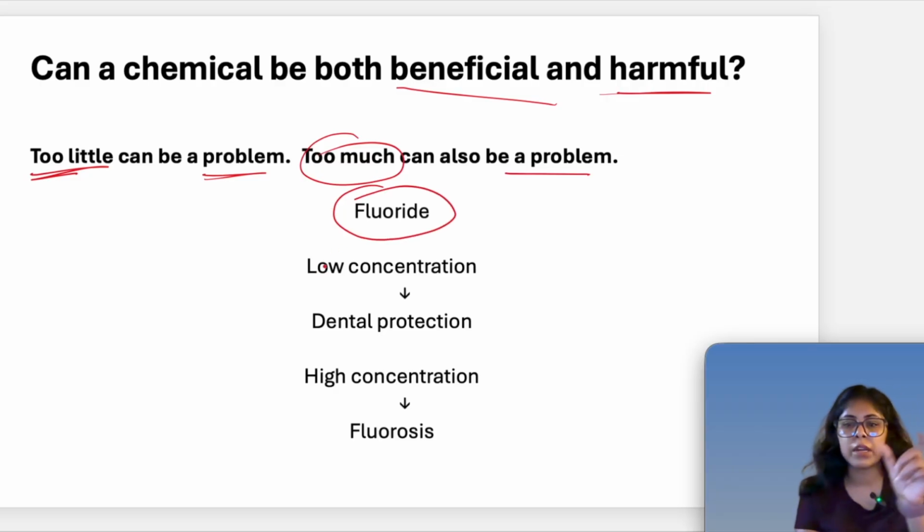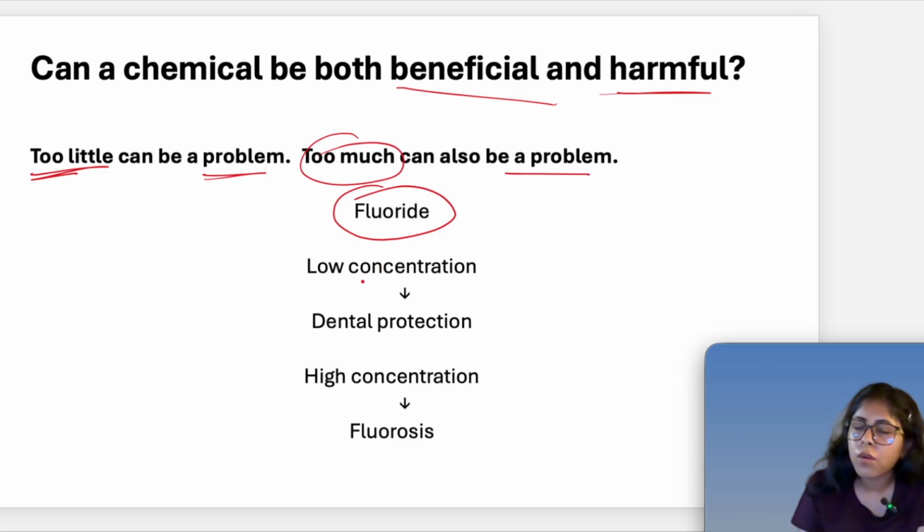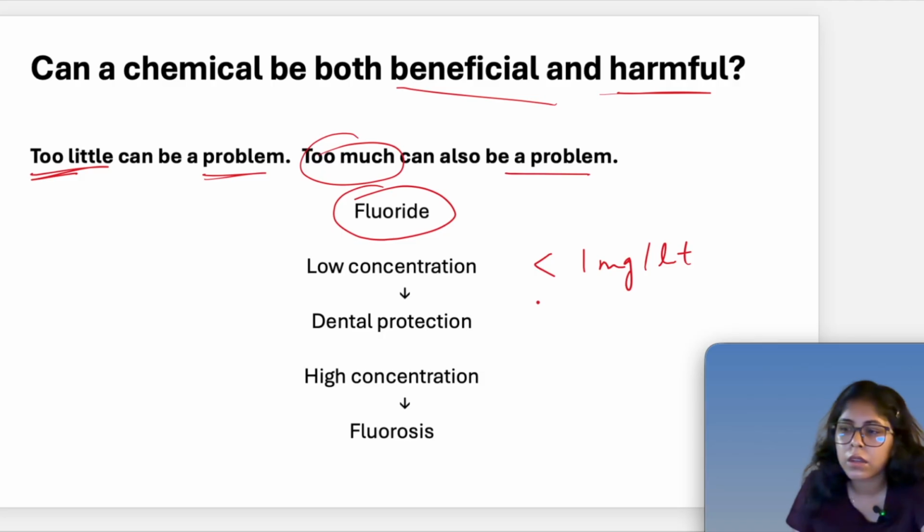If fluoride is below 1 milligram per liter, then it's a low concentration, and it creates dental problems.